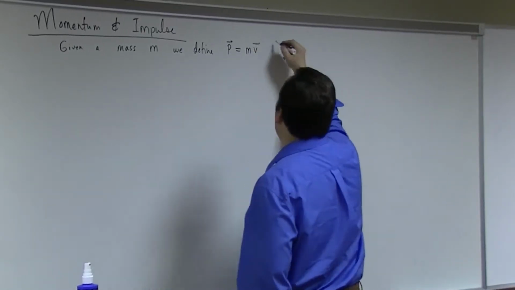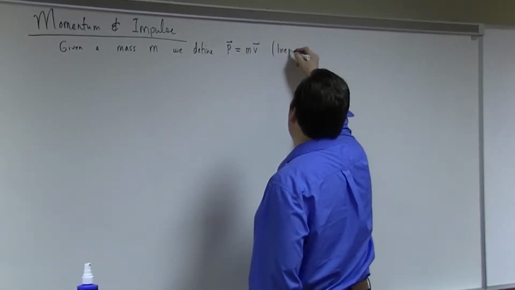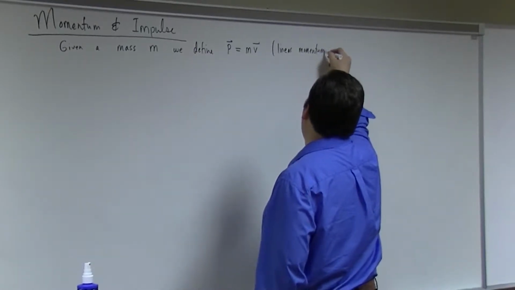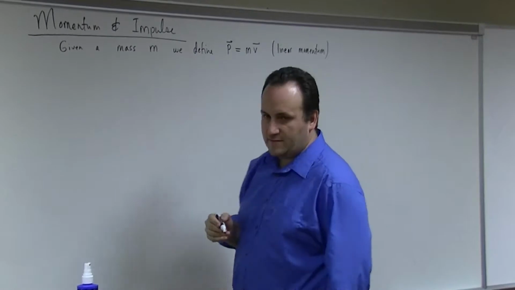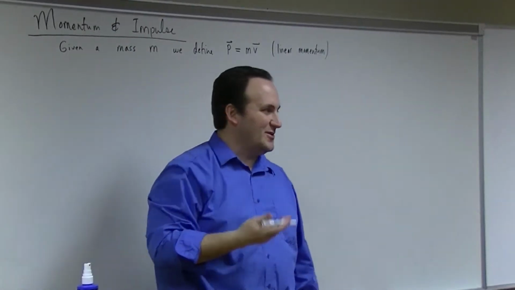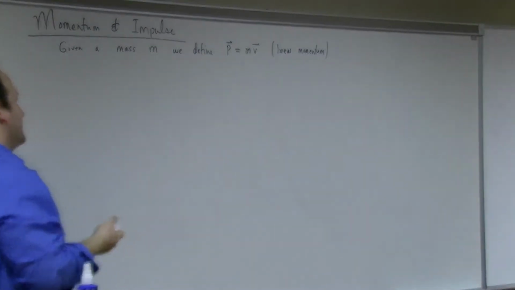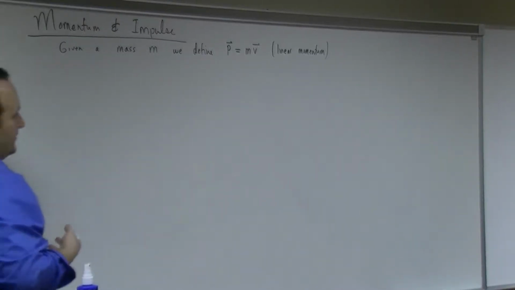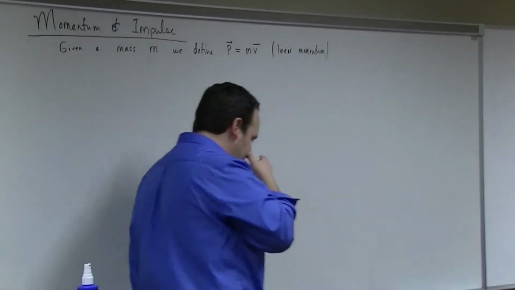Okay, so this is the so-called linear momentum. Although I will drop the linear for the most part because we're only going to talk about linear momentum for a while, and then we'll talk about angular momentum, and then we'll have both. But for now, linear momentum, p is equal to mv.